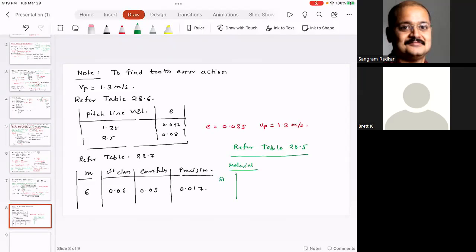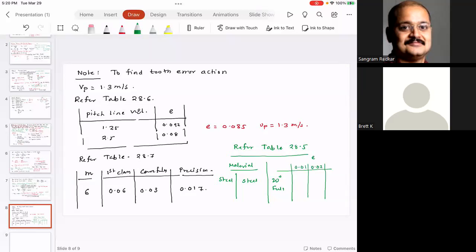So if you have steel, and if your form is 20 degrees full, it gives you the values of C for different values of error action. So this is the error action, and you get values of C here. So 0.01, 0.02, and so on.